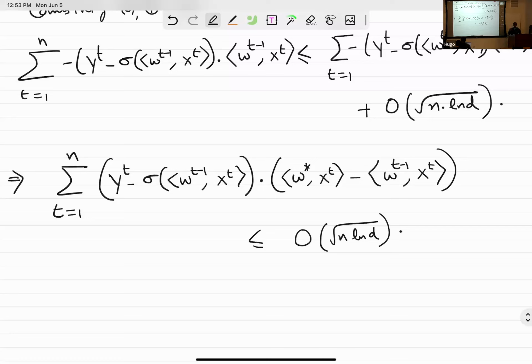So far, all of our calculations hold for any given data set. Now, fix x1, y1, x2, y2, and so on, then this calculation holds. Right? But what do we know about y_t? What is its expectation over the data set?